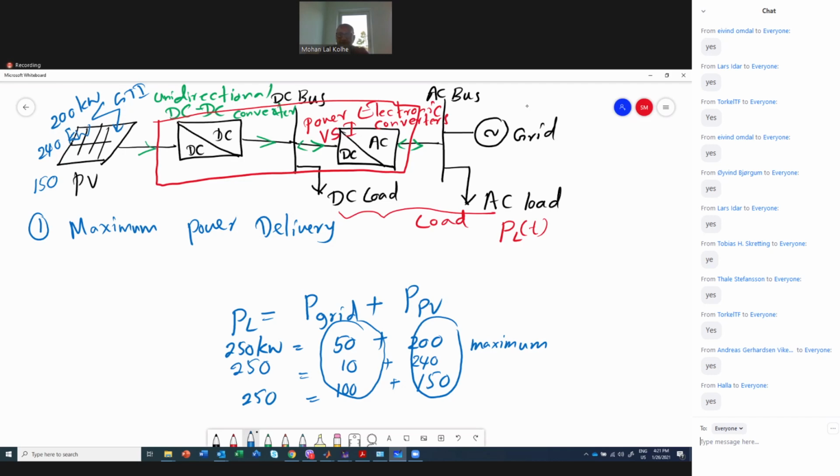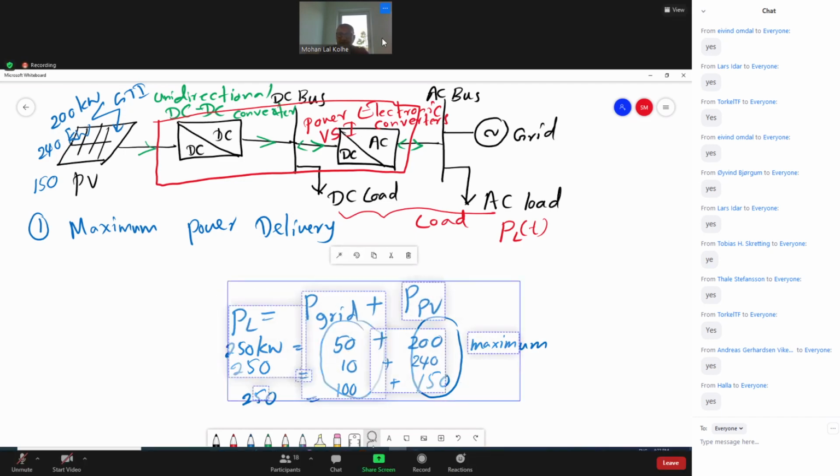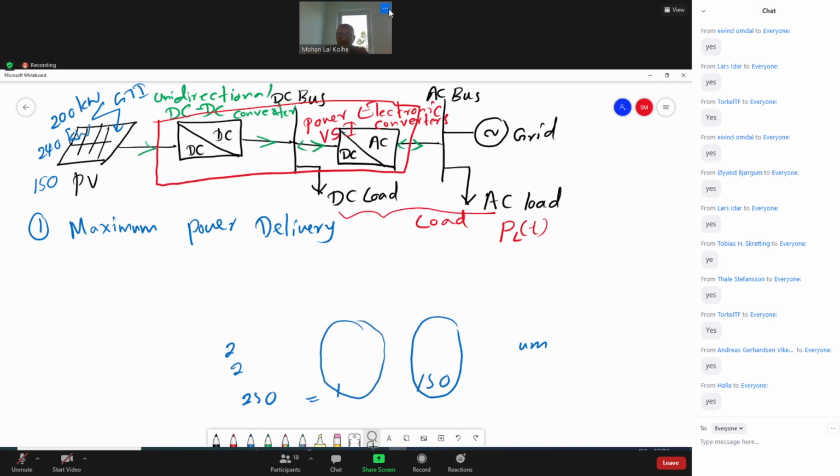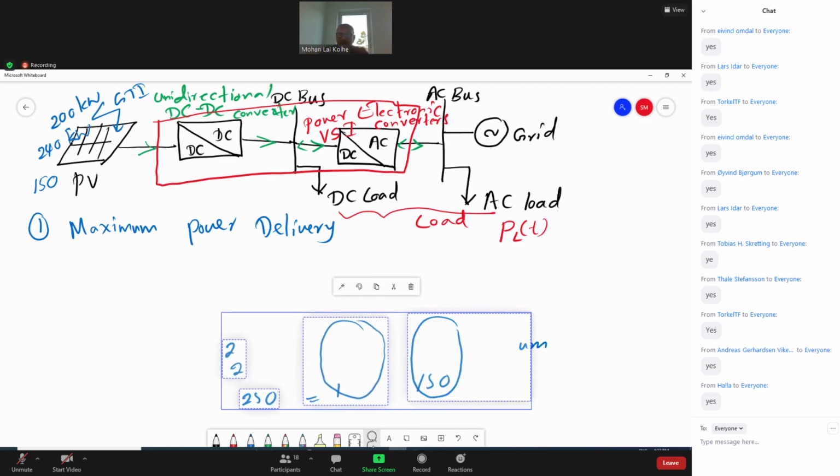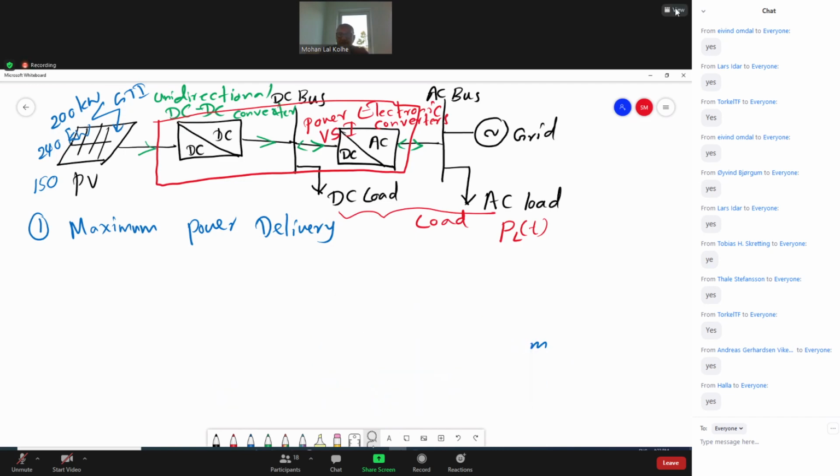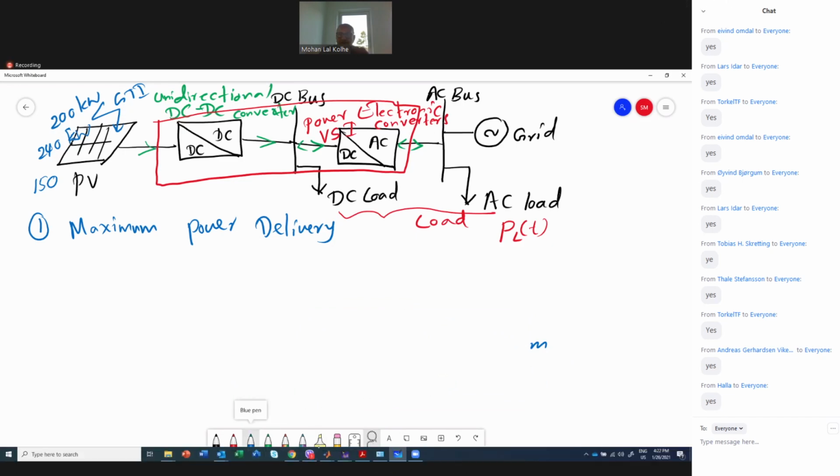There is another situation, the second one, which is dispatchable operation.